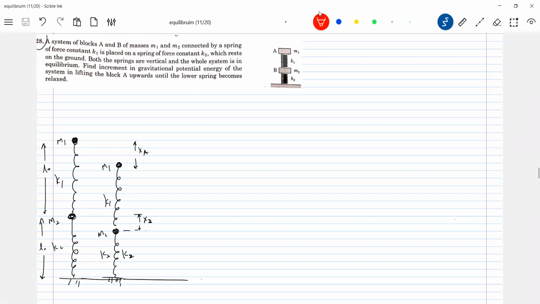As it is in compression, we write the spring force K1 X1, then the weight M1G. At this particular point, what is the state of the spring? The spring is compressed, so the spring force should act here, K2 X2.